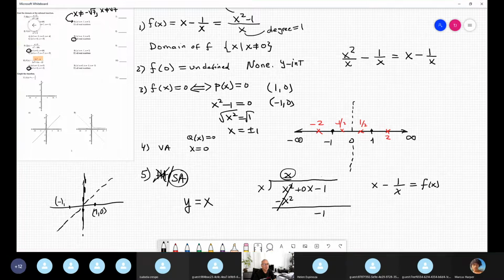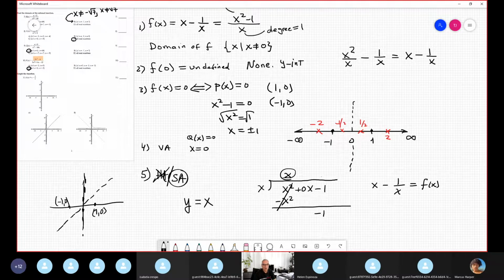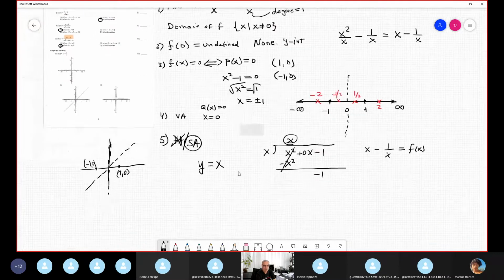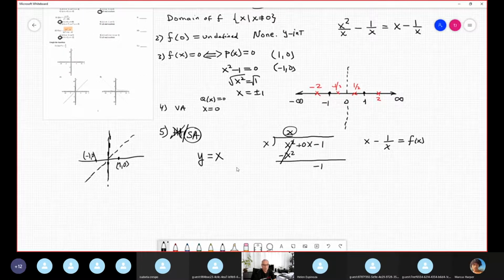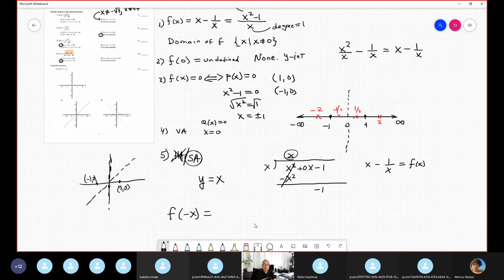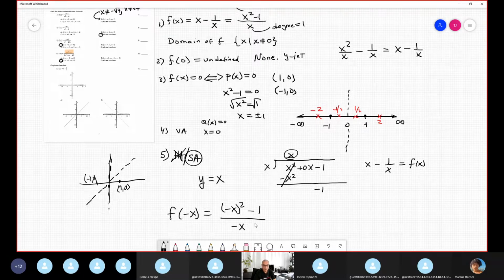And don't forget also, we have two famous points, (1, 0) and (negative 1, 0). Let me try testing the symmetry before trying an additional point. For symmetry you replace x with negative x and see what happens. You plug it in the original or in the factored form. Either way, I prefer the factored form. So, minus x squared minus 1 divided by minus x.